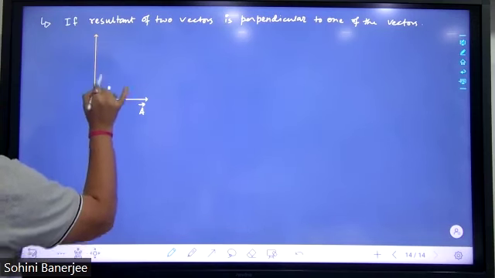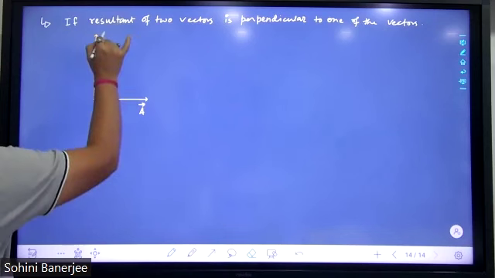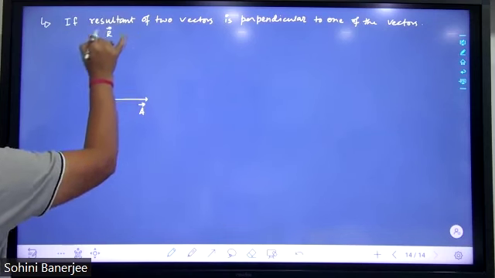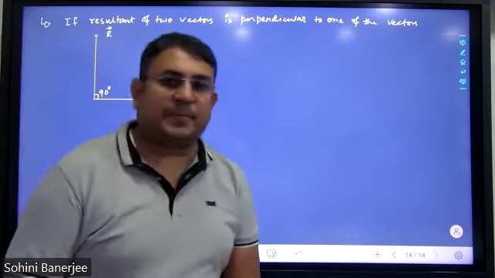R is making 90 degrees. R is perpendicular to A.